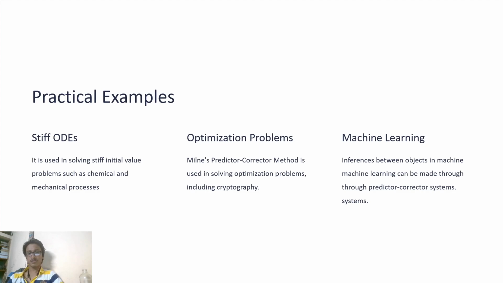Next is optimization problems. Milne's predictor-corrector method is used in solving optimization problems, including cryptography. Third is machine learning. Interference between objects in machine learning can be made through predictor-corrector systems.